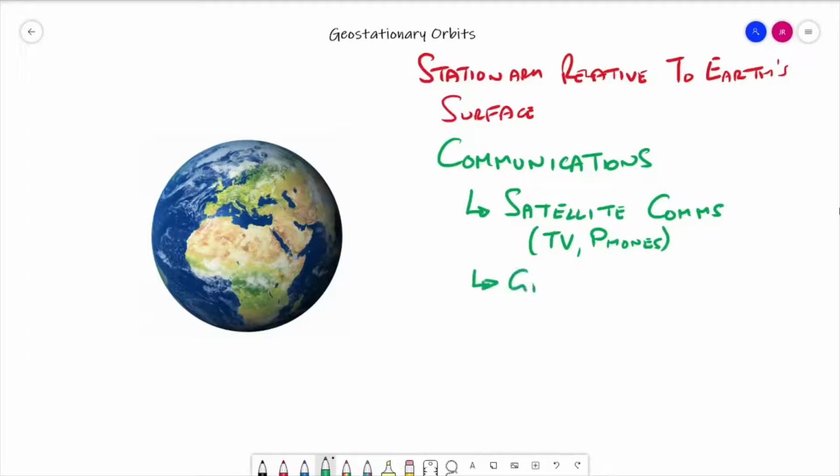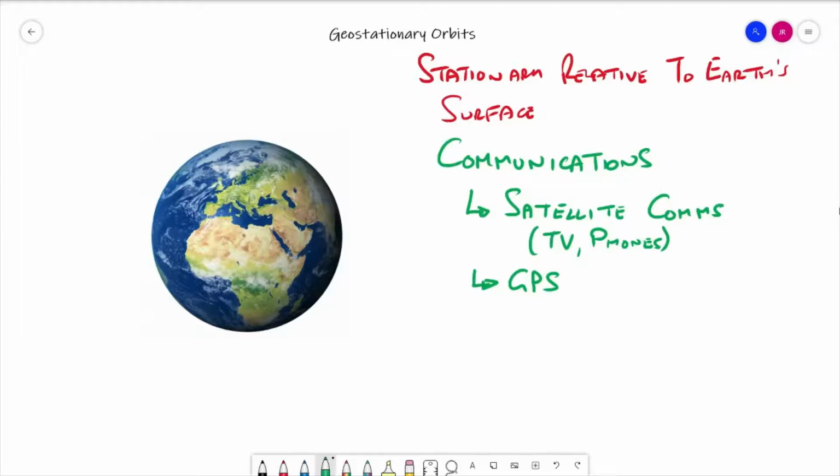The other major use of a geostationary satellite is GPS. So if you've got a sat-nav in your car, that will be logging into the GPS satellites, and that will be getting its position from GPS, which are all geostationary satellites.